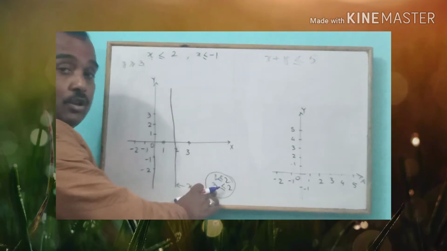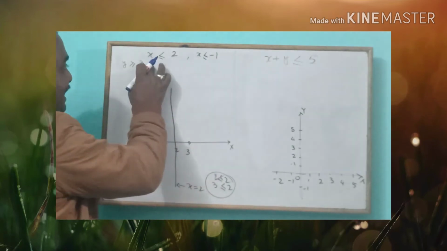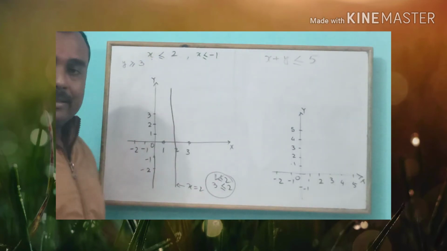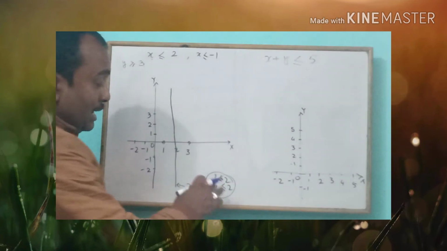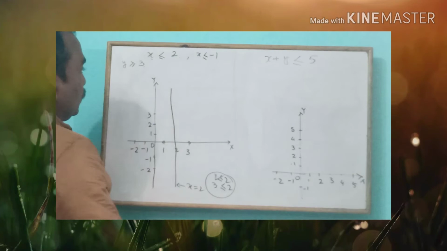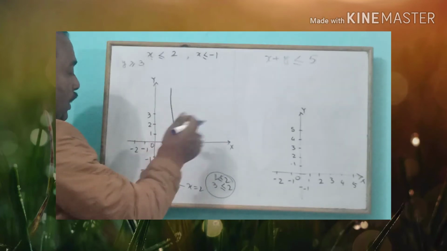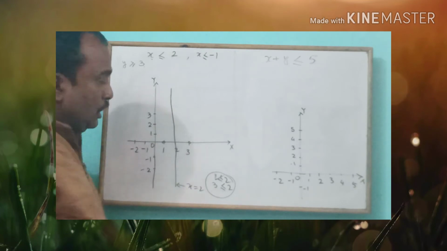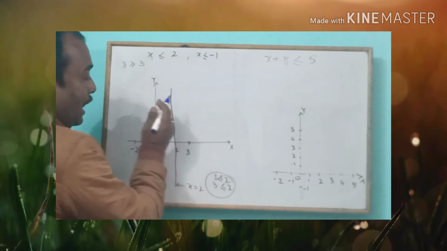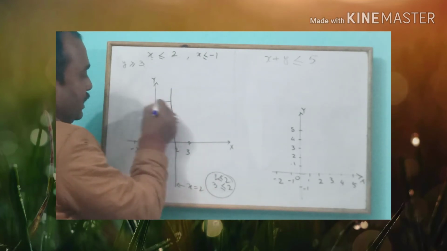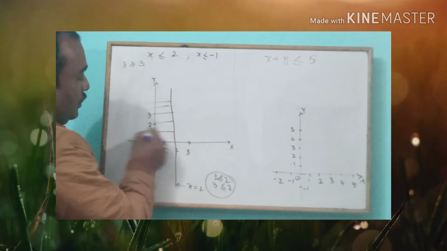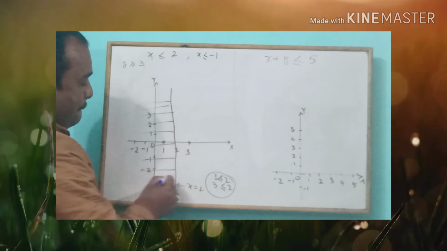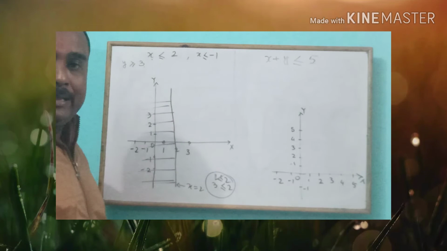The previous one was a false statement. So the points on the left side of this line are the solution set. So we shade this side. The left plane is the solution.